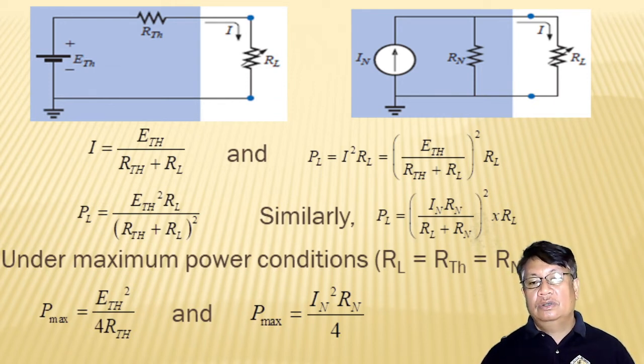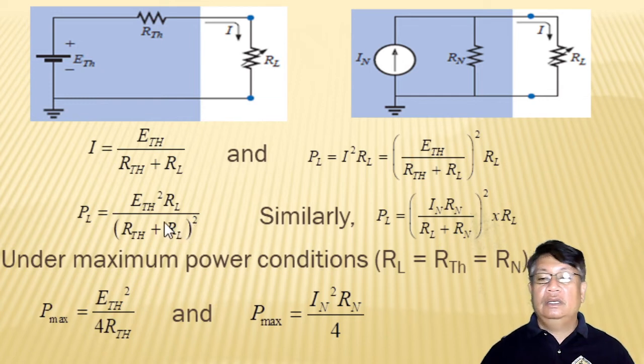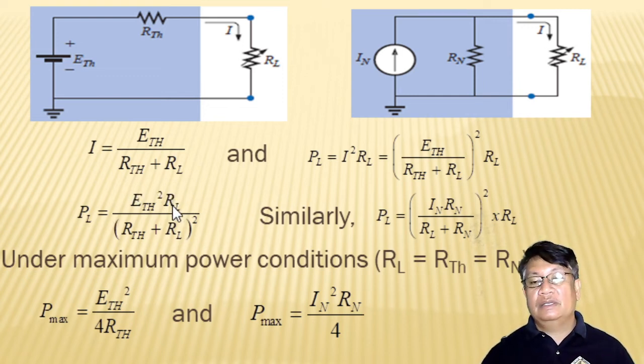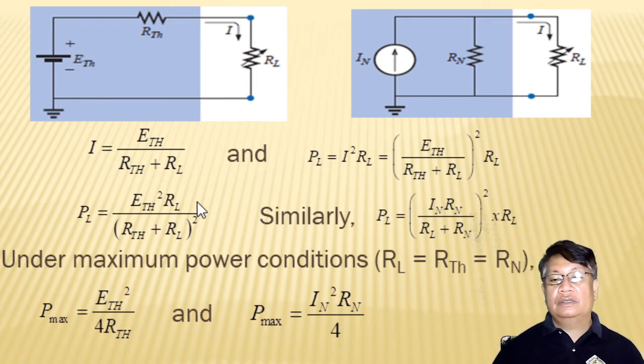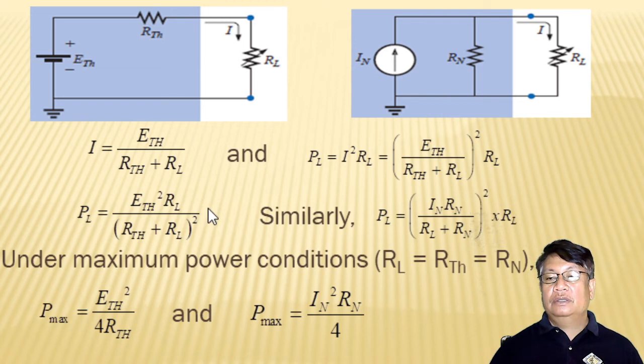So this portion here, E sub th squared all over the square of R sub th plus R sub L, is your I squared, multiplied by R sub L, the load resistance.